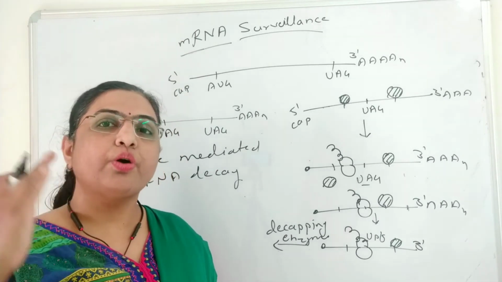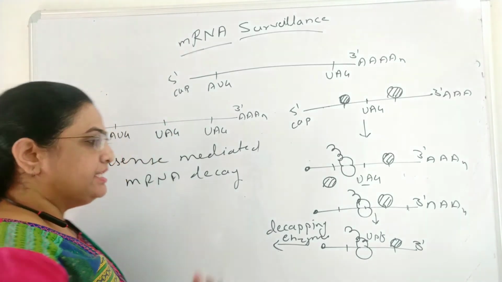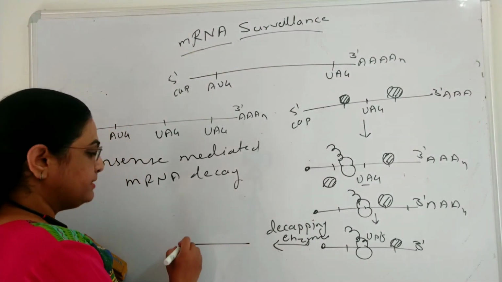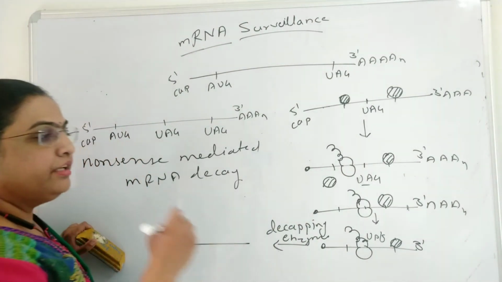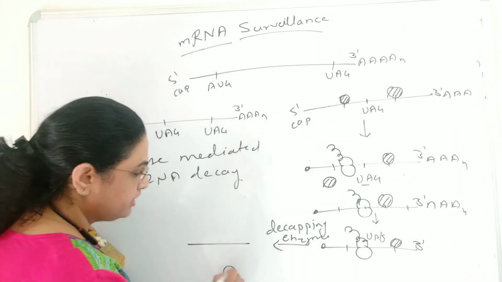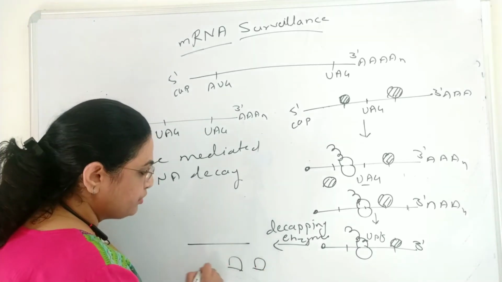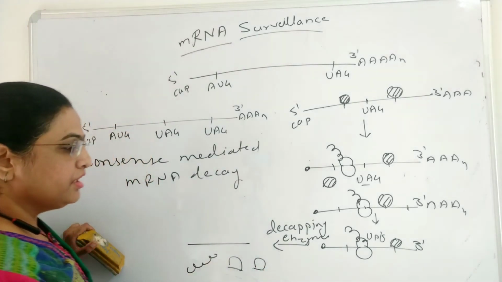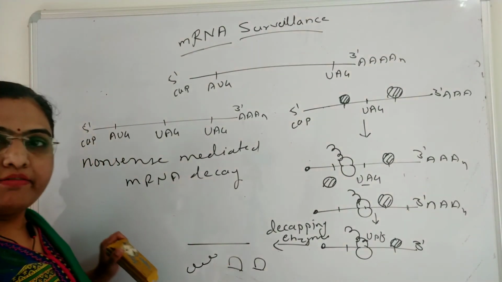So as the decapping enzyme is loaded, the 5' cap has been removed, and the UPF is also going to dissociate the ribosomes. The polypeptide is going to be dissociated, and now the mRNA is a free one.